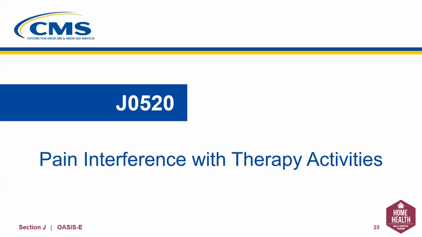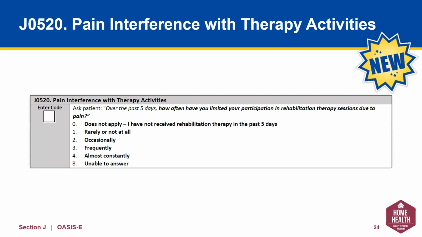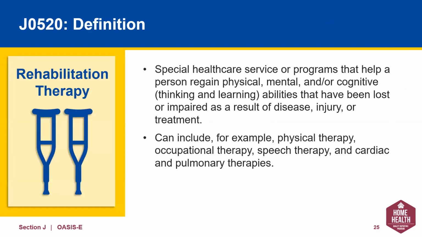Now let's discuss J0520, pain interference with therapy activities. Here is the item screenshot for J0520. Important for coding this item is an understanding of rehabilitation therapy as defined in the guidance.